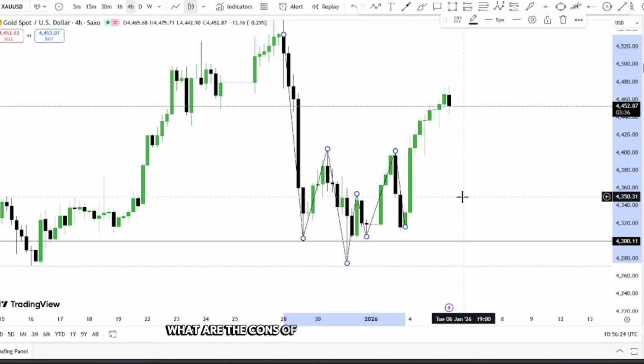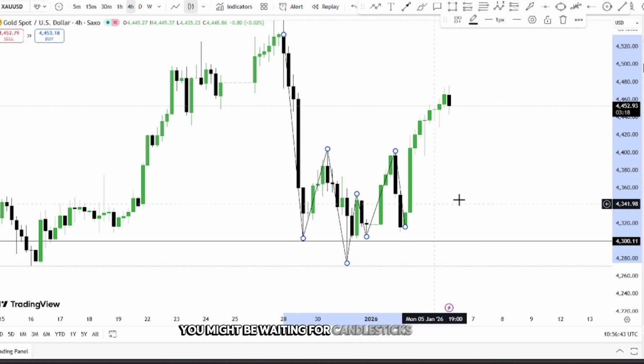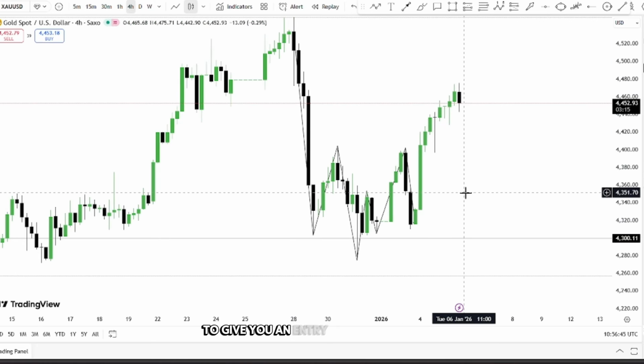So what are the cons of trading this kind of strategy, this kind of entry model? We have low RR, like I said, a low risk reward ratio that is not as massive as when you're trading the other entry model. We also have late entries sometimes. You might be waiting for candlesticks to form to give you an entry.